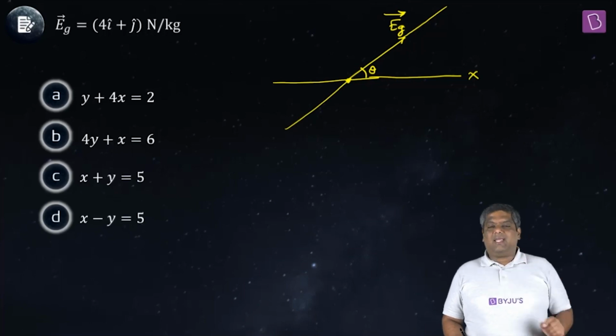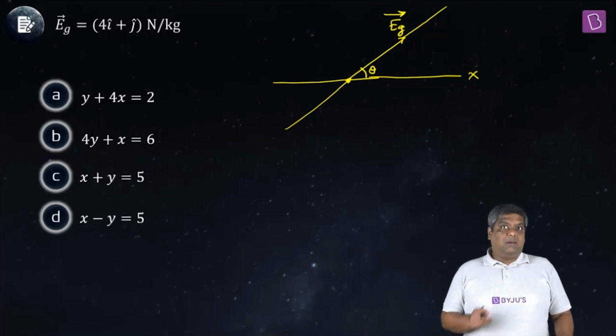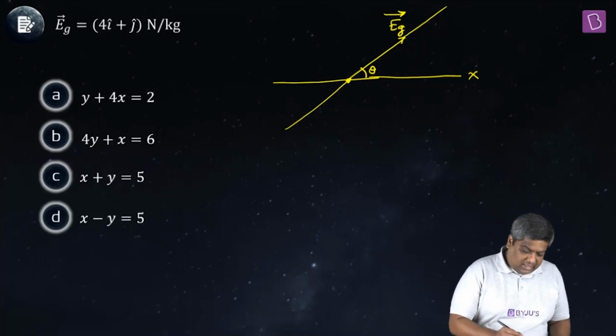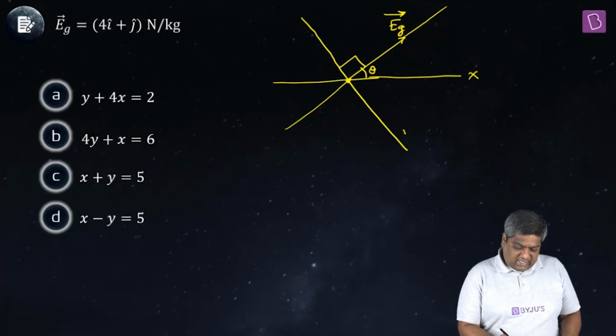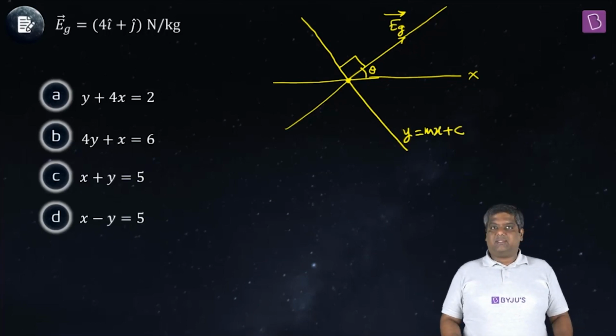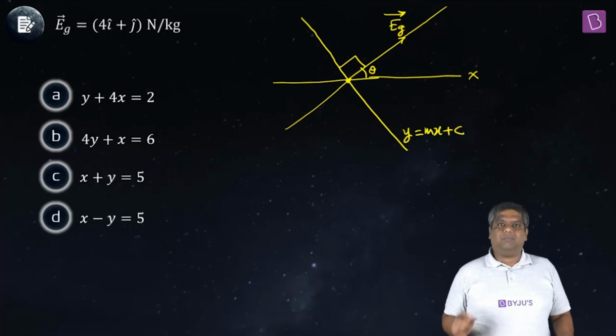Now the particle has to get displaced in a line perpendicular to this, only then the work done will be 0, right? So the particle has to get displaced along a line perpendicular to it, and let's say this line is of the form y is equal to mx plus c. I'm writing it in the slope intercept form, and m here is the slope, c here is the y-intercept, right?